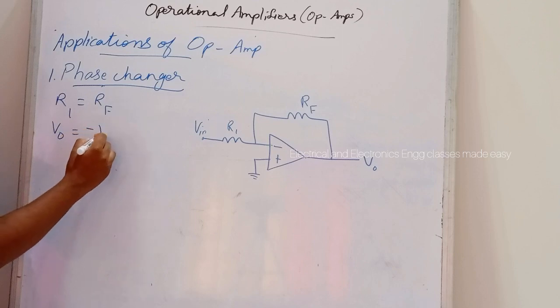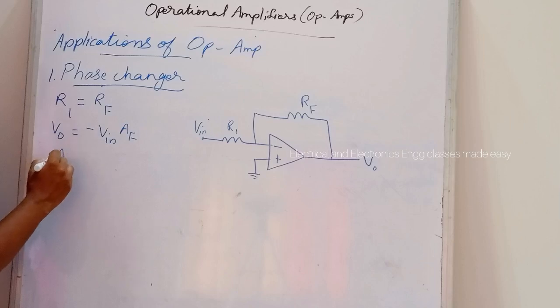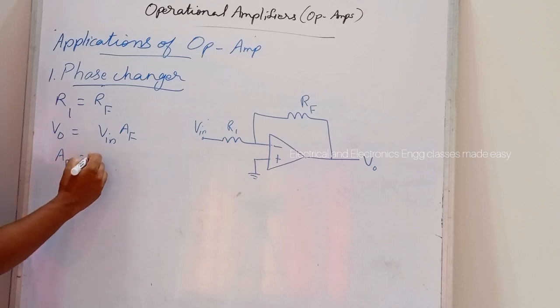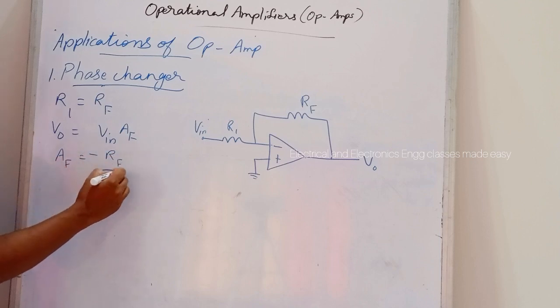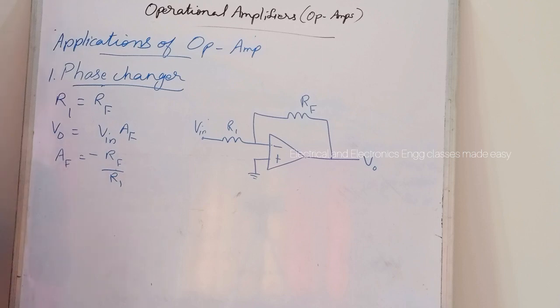So it is minus V in into AF, where AF is equal to... V0 is equal to V in into AF and AF is equal to minus RF divided by R1.